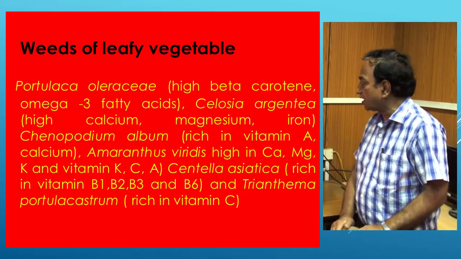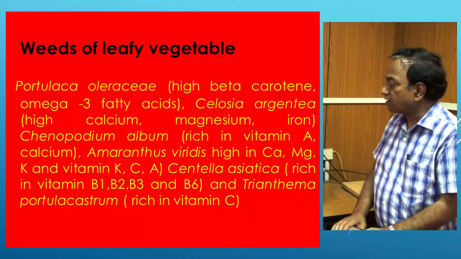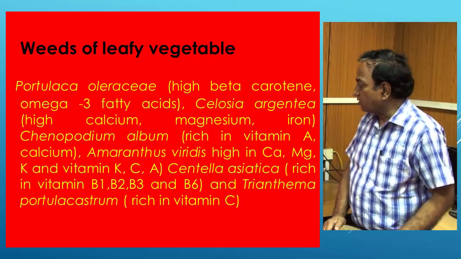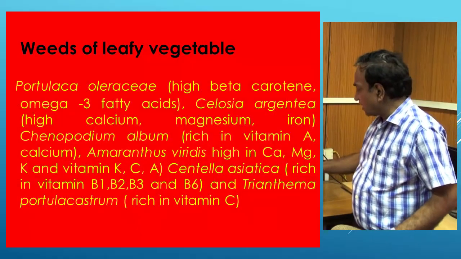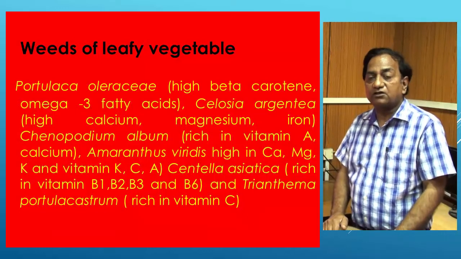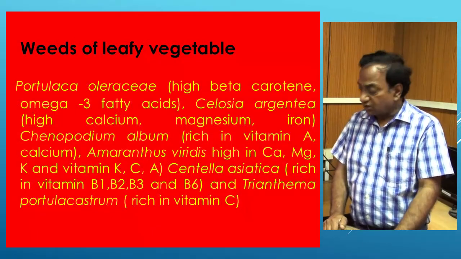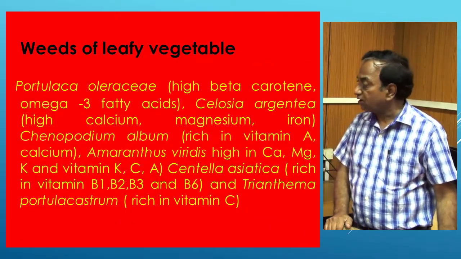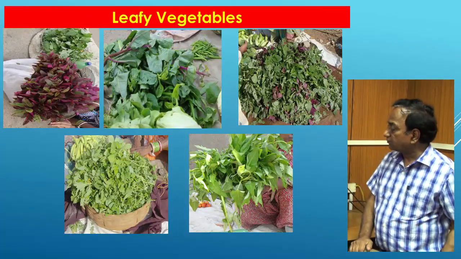Similarly, Celosia argentea is high in calcium, magnesium and iron. Chenopodium album is rich in vitamin A and calcium. Amaranthus, and Centella asiatica. Centella asiatica is very good, not only as a leafy vegetable, but also for jaundice. So these are certain examples of weeds which are used as leafy vegetables.